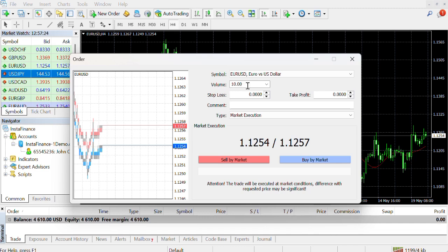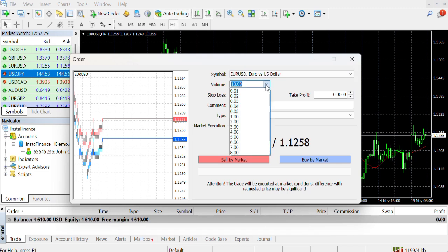So the lot size can be changed, of course. You can put in any amount you want. You can put it at 40, you can put it at 50 or whatever, depending on the amount of your account balance, which we are going to discuss later too. So let's leave it on $10.